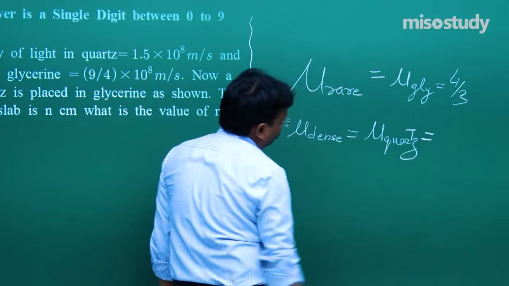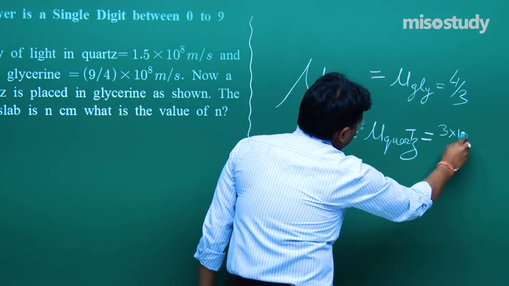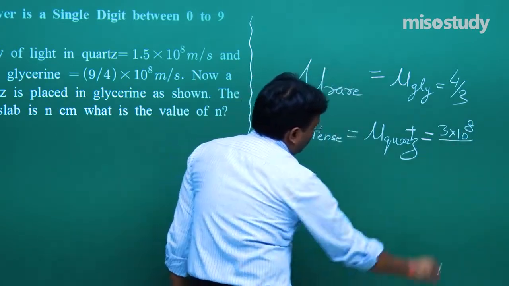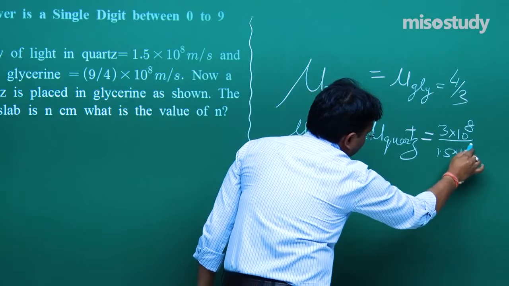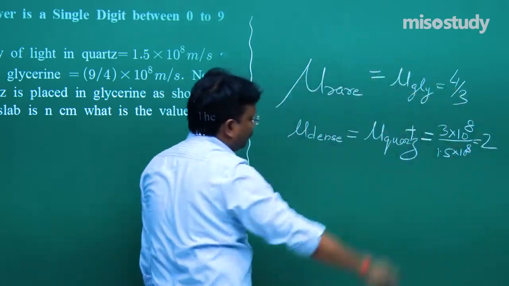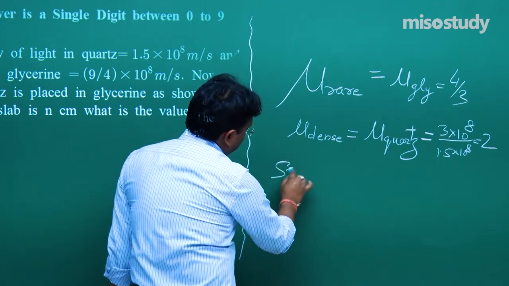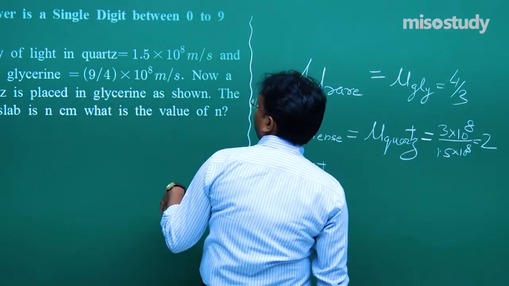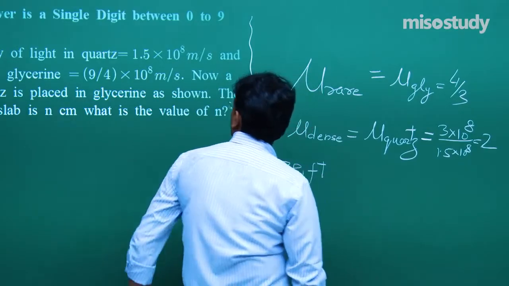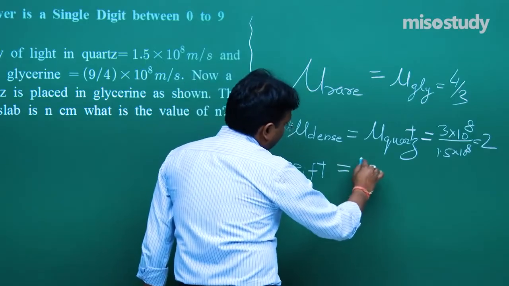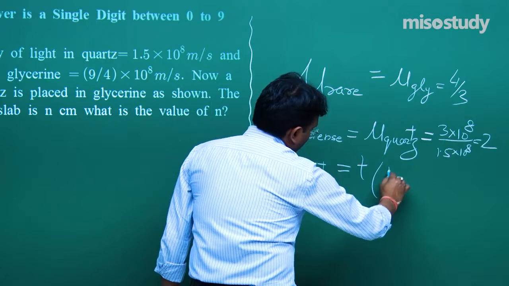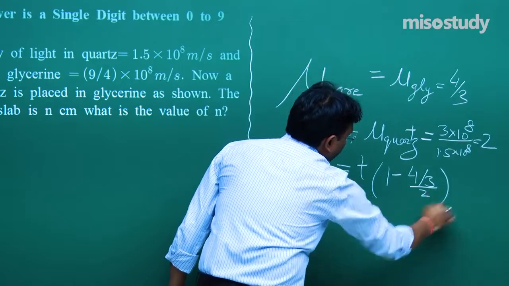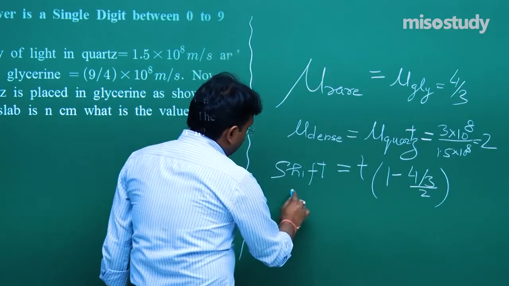Mu quartz is equal to 3 into 10 to the power 8 upon 1.5 into 10 to the power 8. It is 2. Fine. So now you have two values. So shift is equal to t, given over here, into (1 minus 4/3 upon this value 2). Fine. So now shift is how much?